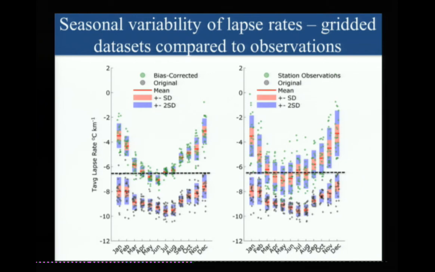On the left are the bias corrected lapse rates that we use, and on the right are the station observations, and the lower distributions are the bias data. So this shows the temporal variability of lapse rates computed for our study region. The upper right is the station observations. You can see that they deviate widely from the commonly assumed values.